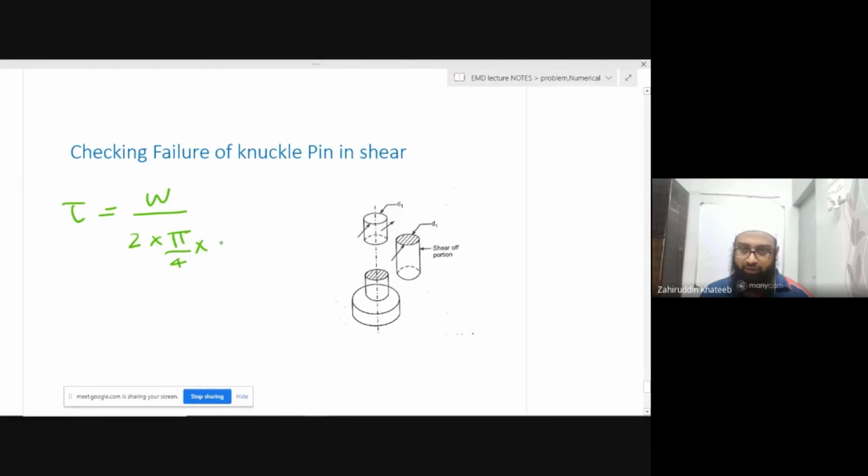Since this is in double shear, we are indicating 2. So from here again you substitute the value 150 into 10 raised to 3, divided by 2 multiplied by pi by 4 into d1 square. The value of d1 is 52 mm, so 52 square. Now tell me the value of tau.